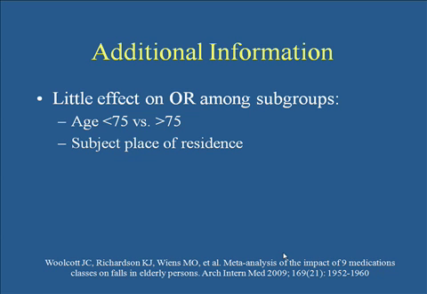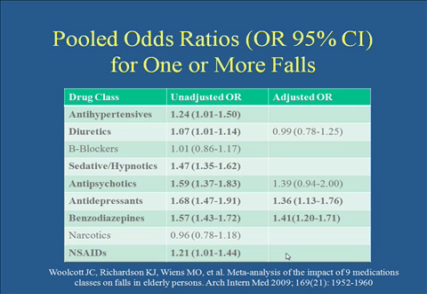So there was little effect on the odds ratio among any of the subgroups, both the age less than 75 or greater than 75, as well as place of residence. One thing I would want to mention, going back to the previous slide and looking at the antipsychotics and the beta blockers. Those are two classes of drugs that we've seen some pretty significant change in prescribing in the last 15, 20 years.